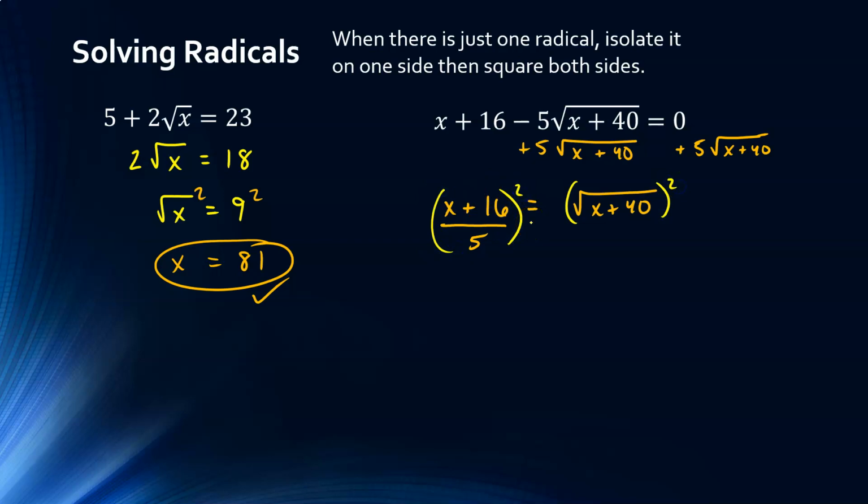So when I square this fraction, that means I'm going to square both the numerator. I'm going to multiply this by itself. Okay, that's what it means to square something. We multiply it times itself. So with that x plus 16, I'm going to do that over here. I'm going to take x plus 16 times x plus 16.